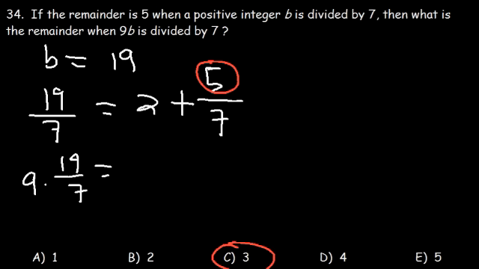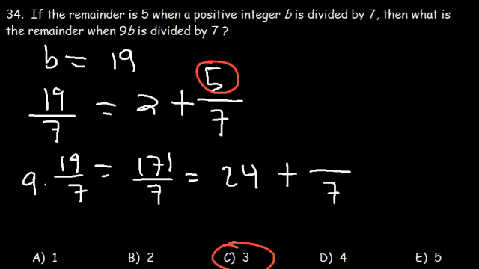So 19 times 9 is 171. How many times does 7 go into 171? 7 times 24 is 168. So 7 can go into 171 at least 24 times. And 171 minus 168 is 3.